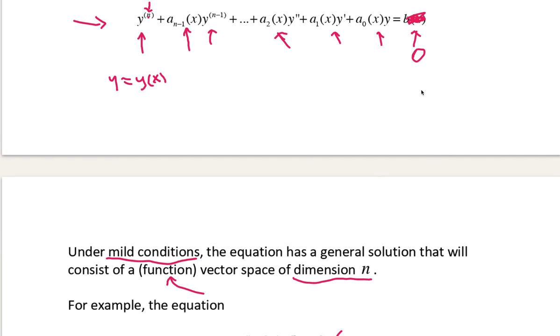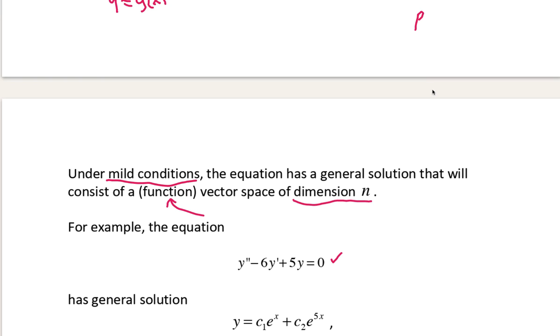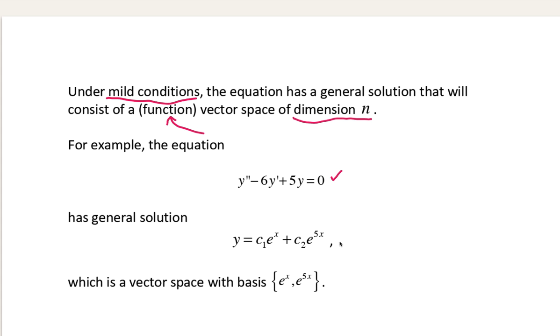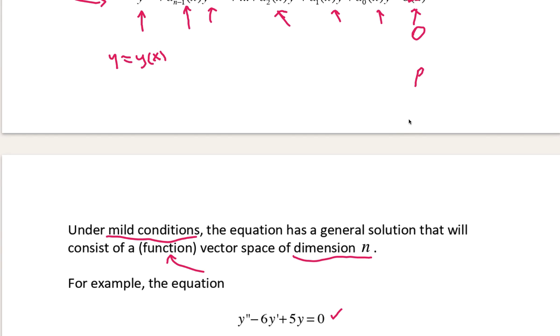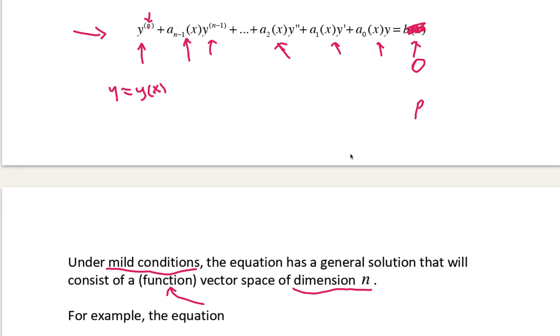This has to be 0 for this to actually be a vector space.